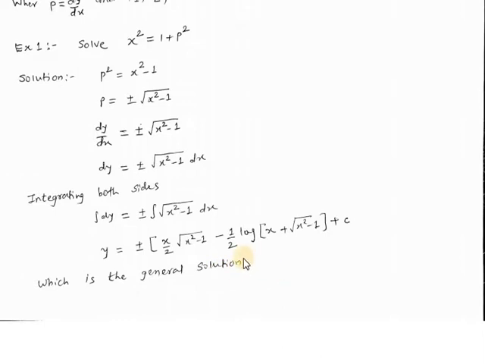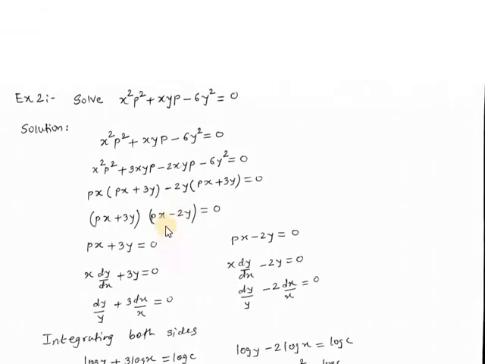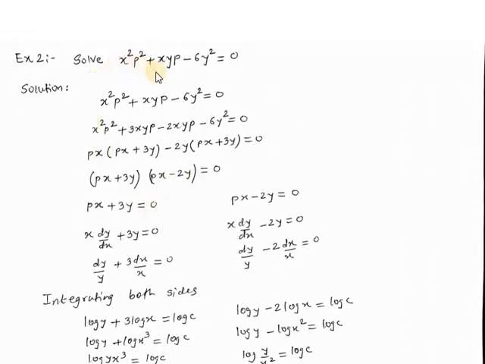Now let us discuss the second example. Solve x square p square plus xyp minus 6y square is equal to 0. So first of all, factorizing the differential equation, we will get x square p square plus 3xyp minus 2xyp minus 6y square is equal to 0, because here we have expressed the middle term xyp as 3xyp minus 2xyp.